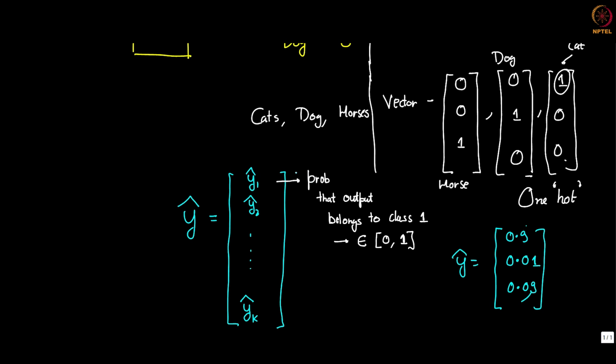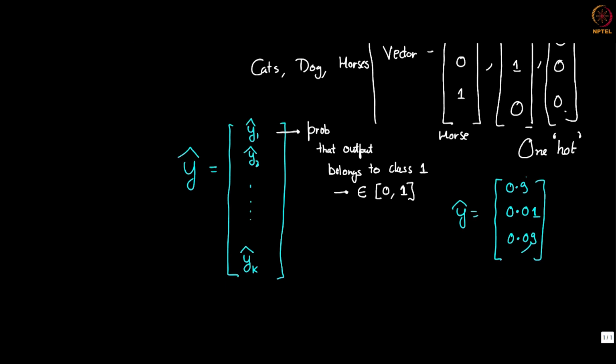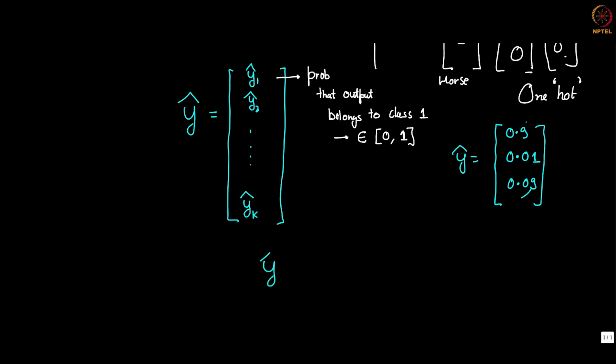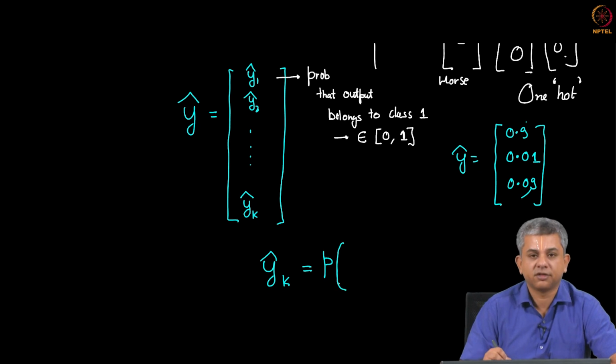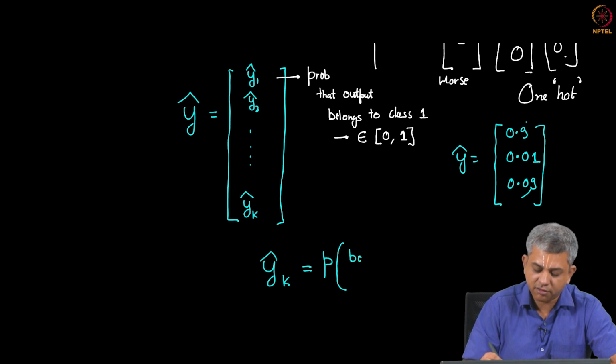So, each element here, the element y hat k, represents the probability, I will first write it in words and then I will write it in more mathematical terms, that the output belongs to class k.